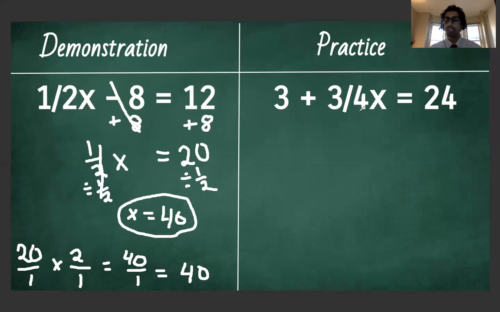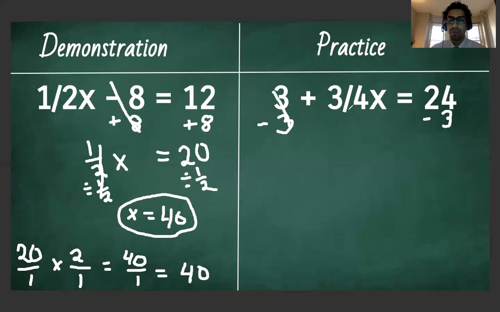We have 3 plus 3/4 x equals 24. First step is going to be to remove the constants by using addition or subtraction. In this case, I'm going to use subtraction. So I take away 3 from both sides.